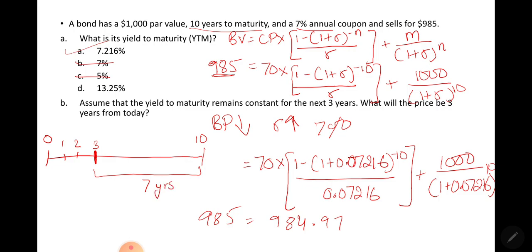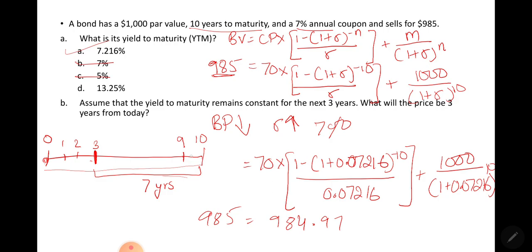N in the formula represents the remaining life of the bond. So if you purchase the bond right now, the maturity will be 10 years. But if you purchase the bond 3 years from now, the maturity of the bond will be 7 years. Likewise, if you purchase the bond, let's say 9 years from now, then the bond will end in just 1 year's time.